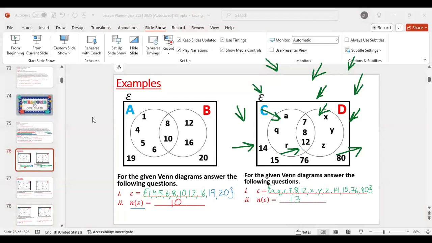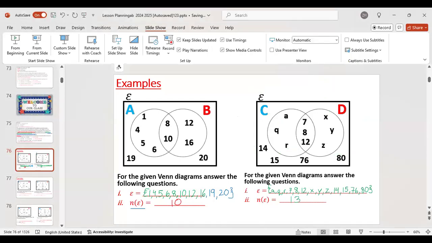Again, take a picture of your work and send it to me via WhatsApp so that we can move on from this.